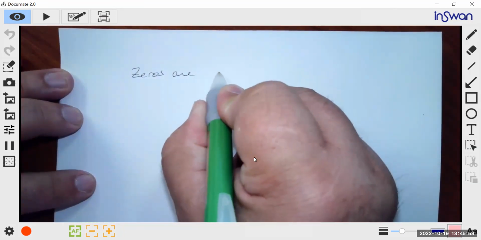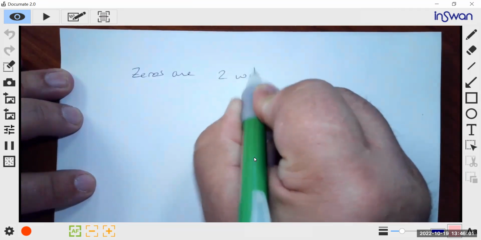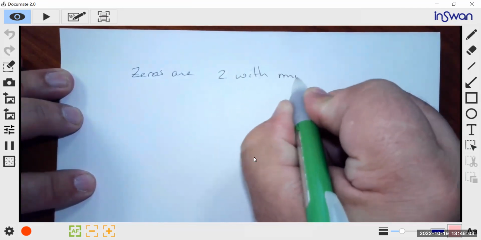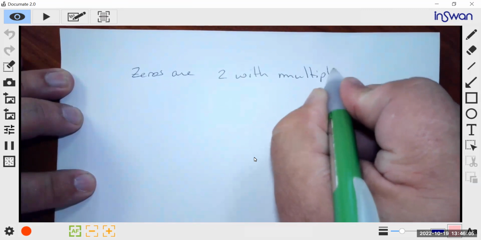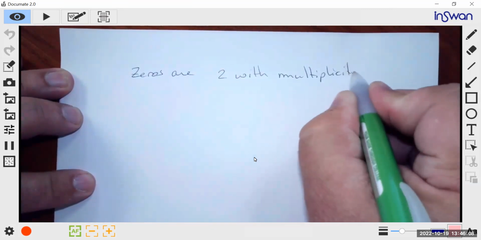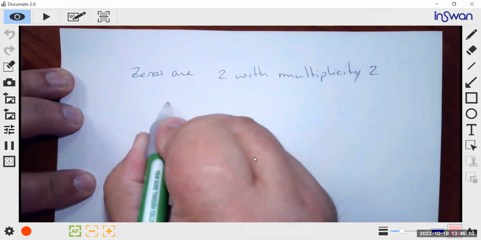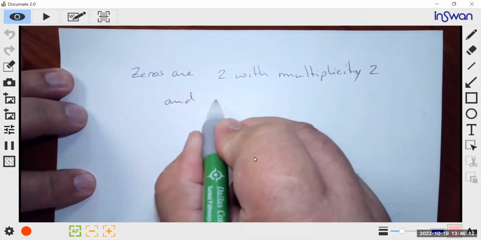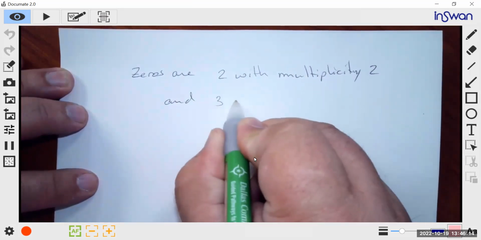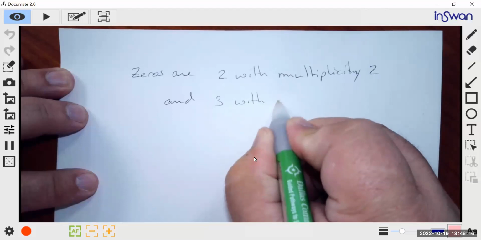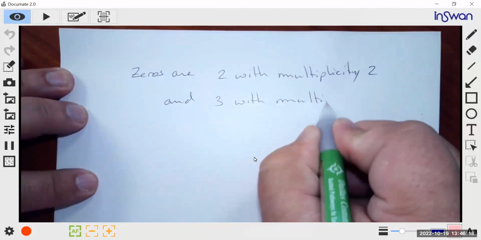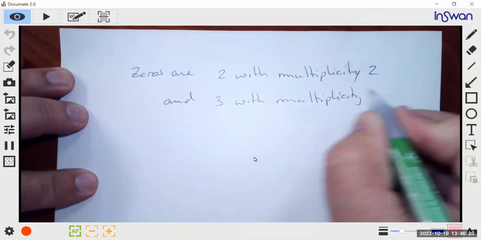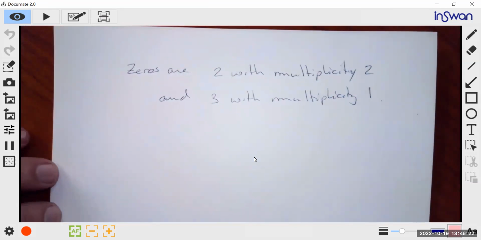The zeros are 2 with multiplicity 2 and 3 with multiplicity 1. Find me the polynomial.